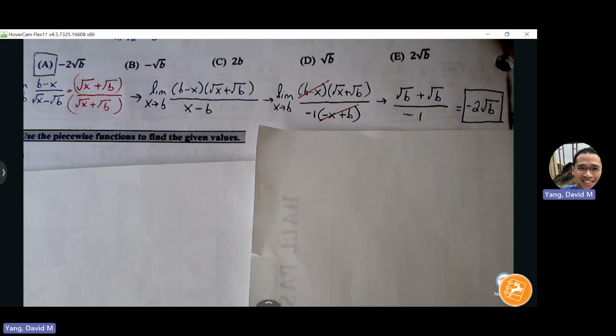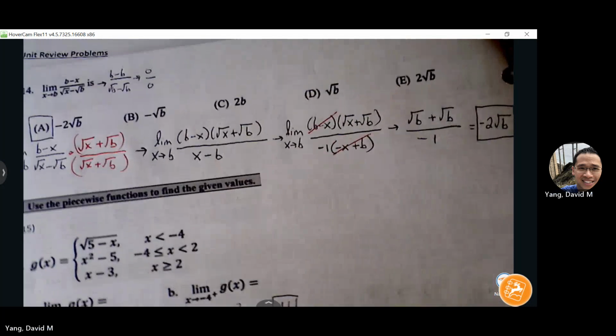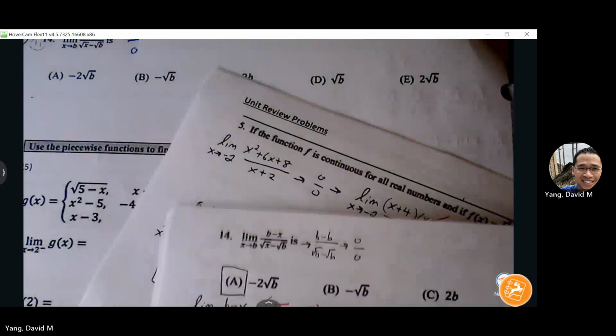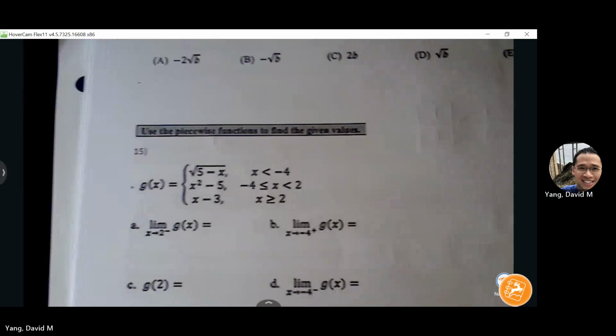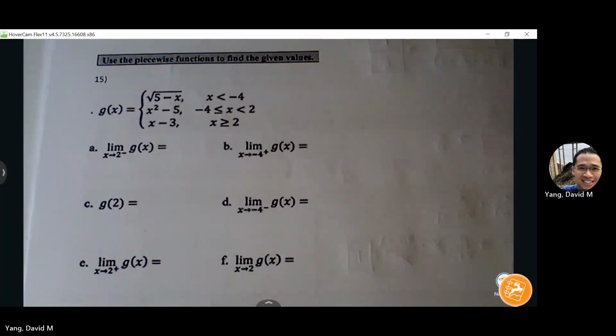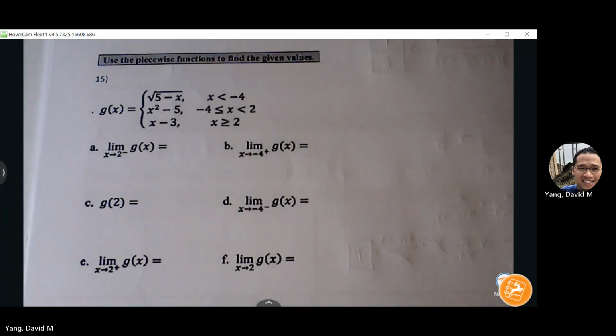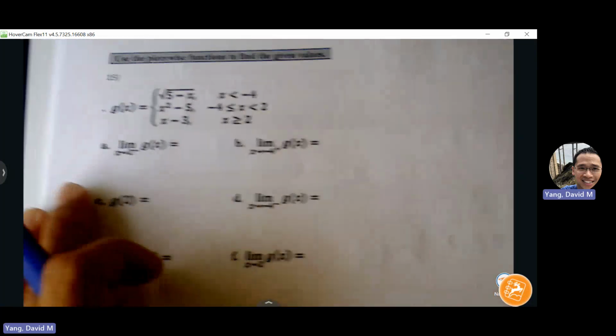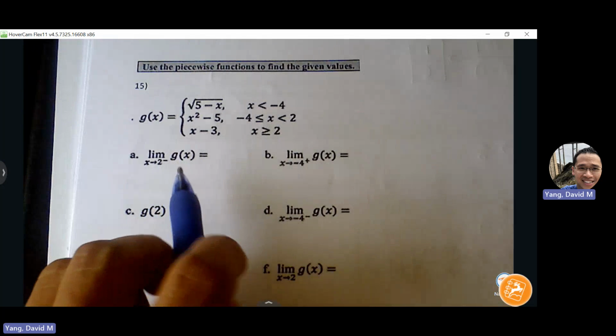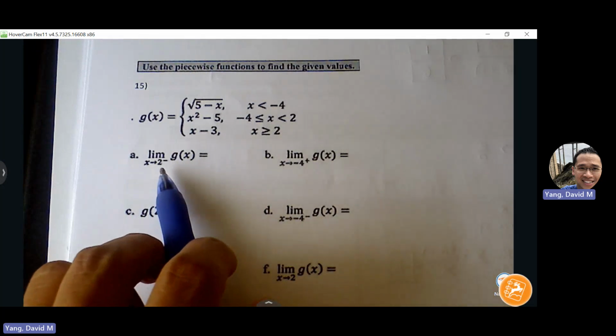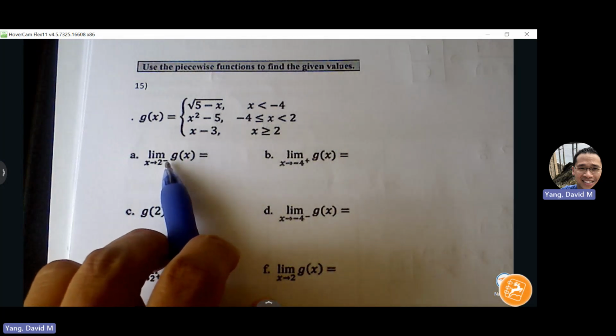Okay, let me walk through 15 with you here. Okay, 15, it says use the piecewise functions to find the given values. So here we have limit as x approaches 2 from the left side of 2.